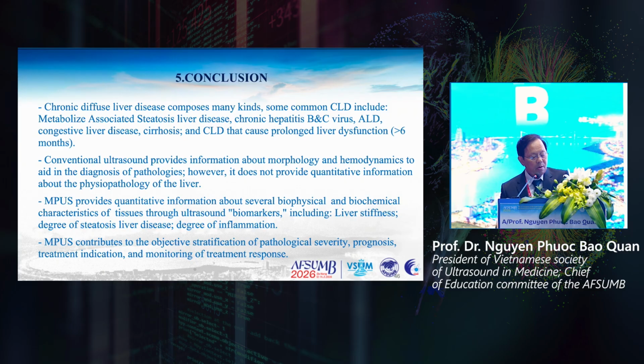Conclusion: chronic liver disease has many etiologies. Some common ones include metabolic-associated steatohepatitis liver disease, chronic hepatitis B and C, and alcoholic liver disease, and cirrhosis is the end destination of most chronic liver diseases.